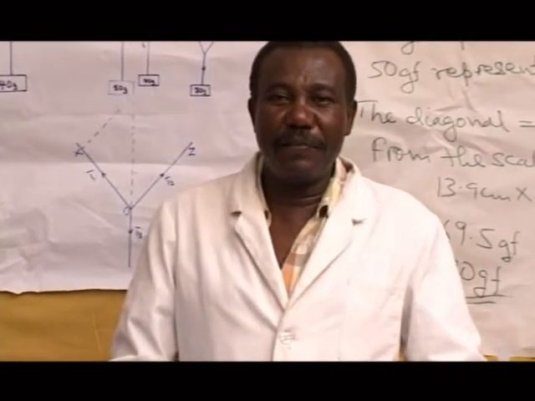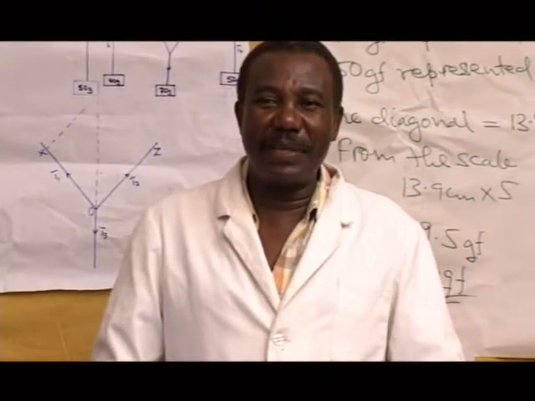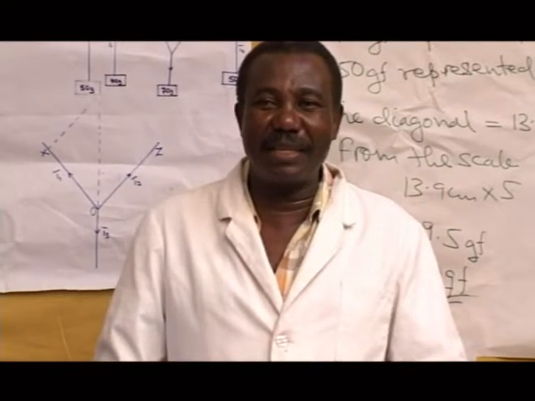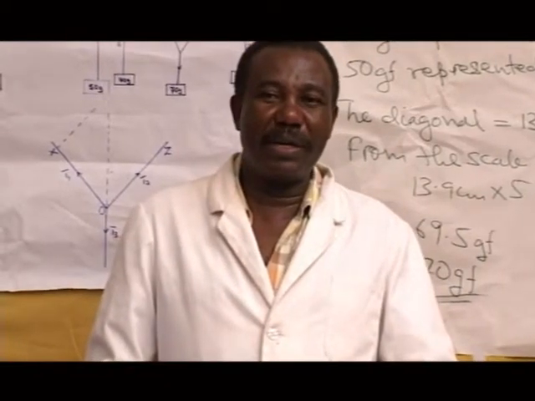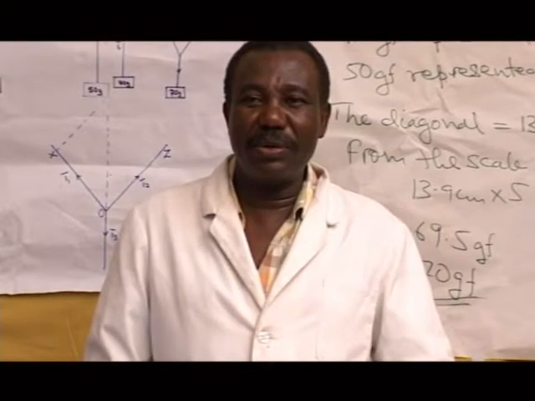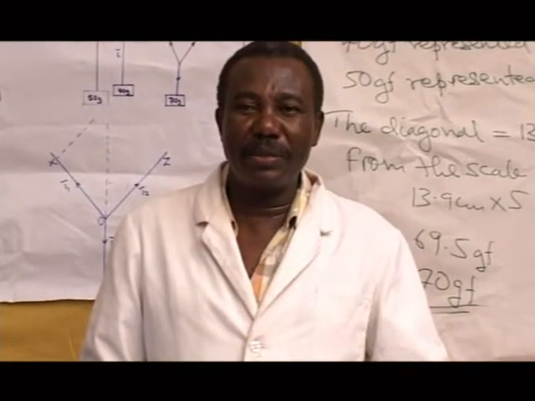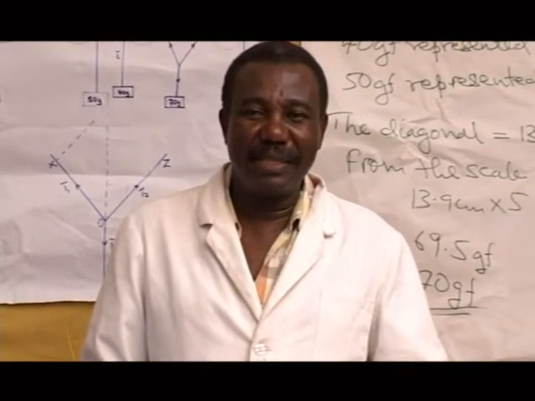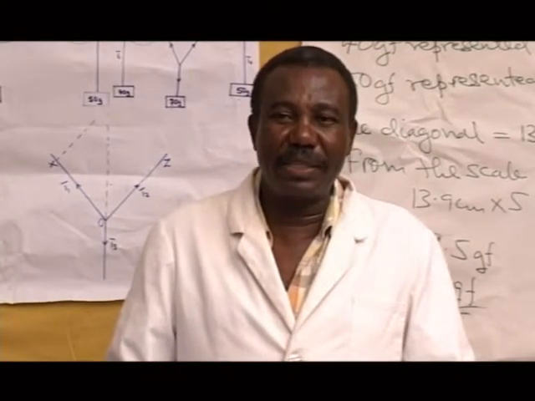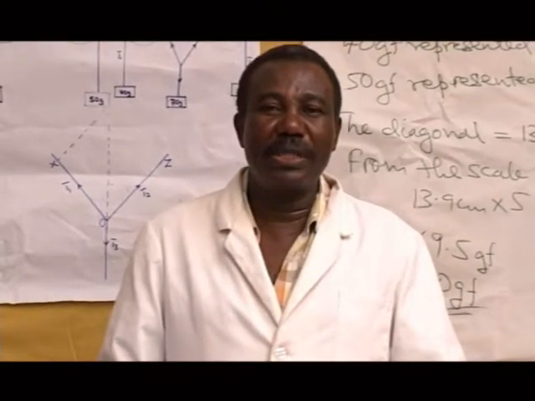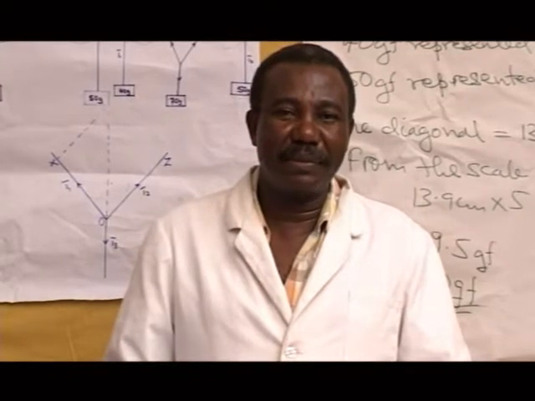Conclusion: if two forces are represented by two adjacent sides of a parallelogram, then the diagonal of the parallelogram through the common point represents the sum of the two forces in both magnitude and direction.